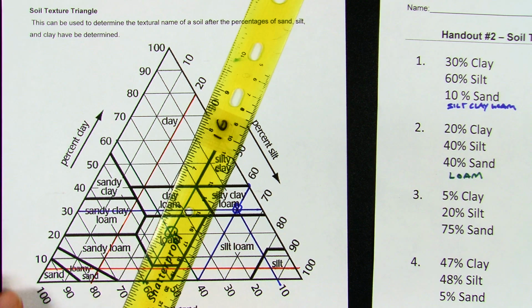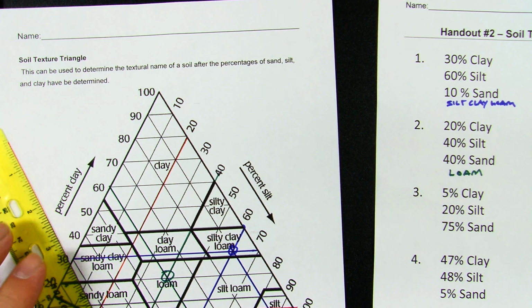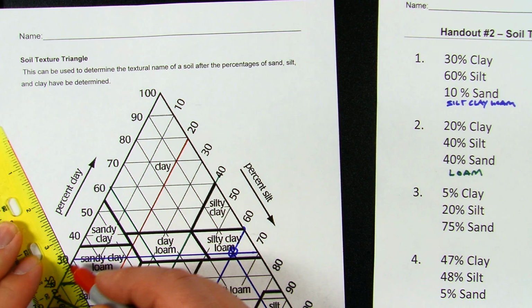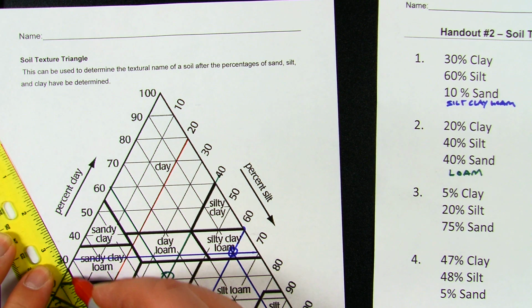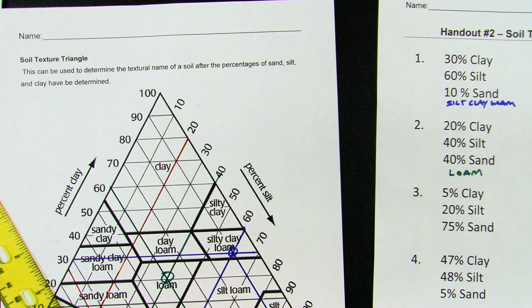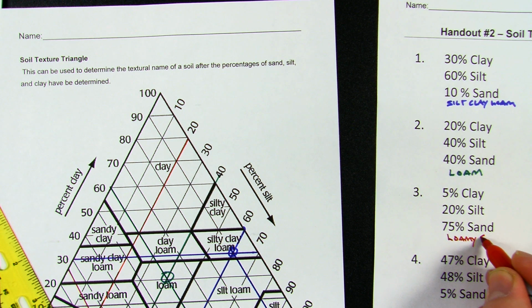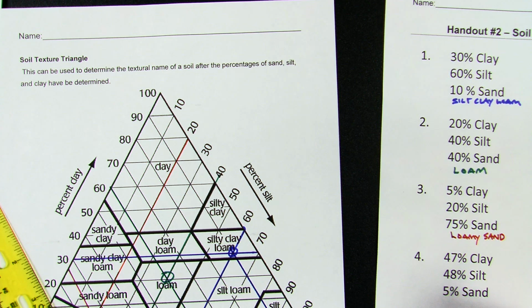And we can see, man, it looks like it's intersecting right between those two. So I'll go ahead and do the third one just to verify where it is. And we have 75% sand in there. So this one right here, if you put sandy loam, I wouldn't be mad, but I'm going to put loamy sand, because they're right on the border of each other.